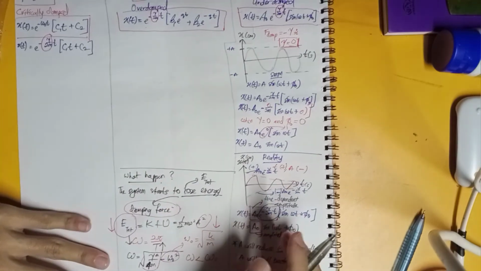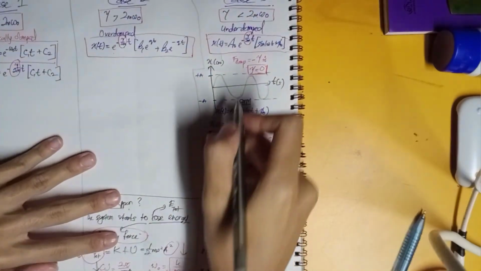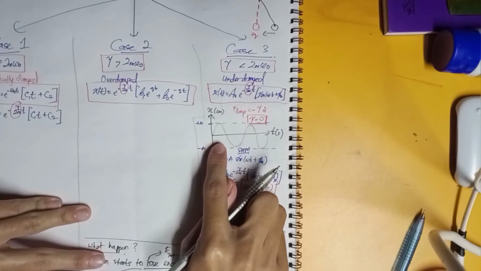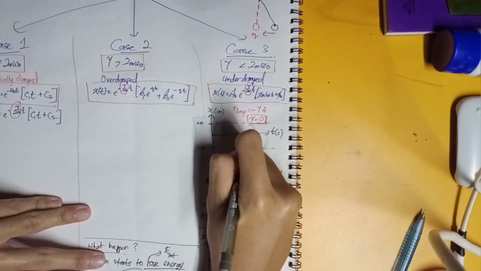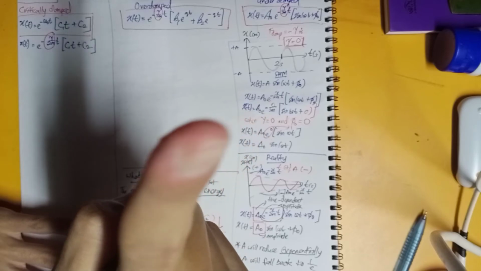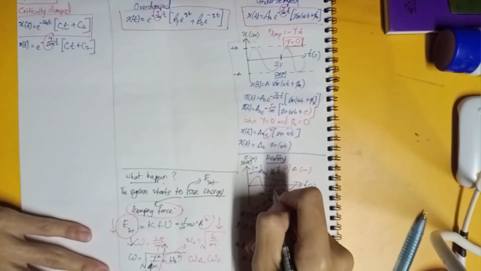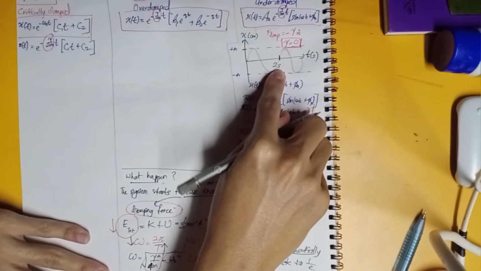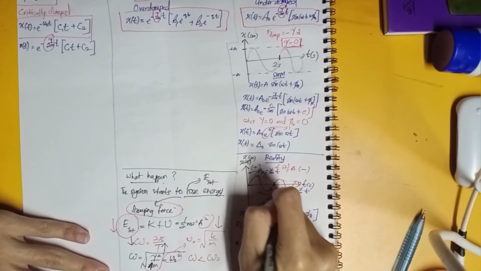I'll show you an example here. Let's say that we have a simple harmonic motion oscillation system. Let's say that this one takes around 2 seconds. But for the damped oscillation, it takes maybe more than 2 seconds, maybe 2.5 seconds. Why?